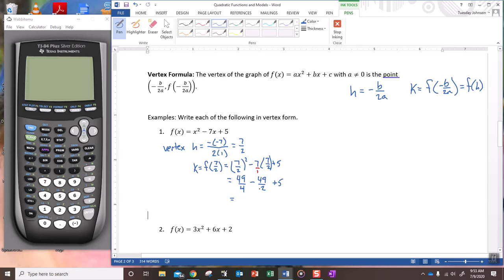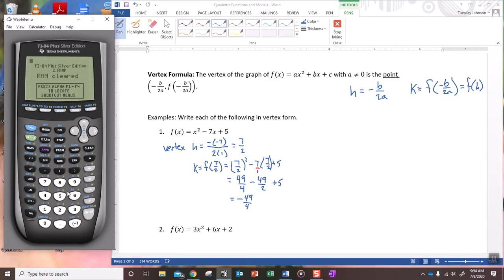When I add these two, I'll always have the sign of the middle one, and it turns out to be the value of the smaller one. All right, sign of the second one, value of the first one. Let's see why that is. If I have 49 fourths, and I subtract 49 halves, we could put that into a fraction form, and we have the negative 49 fourths.